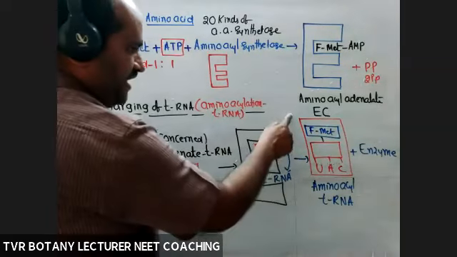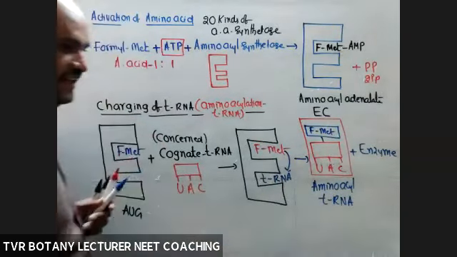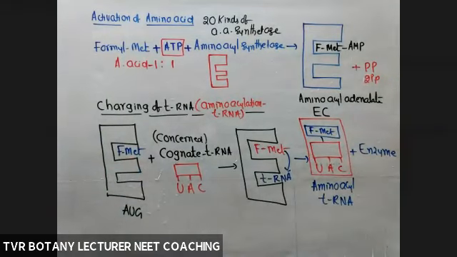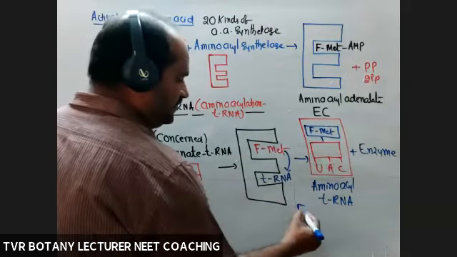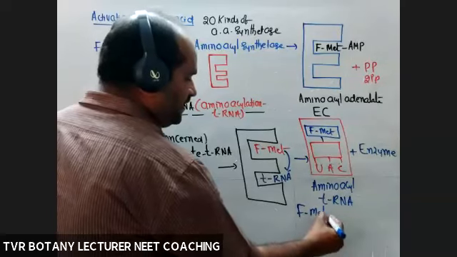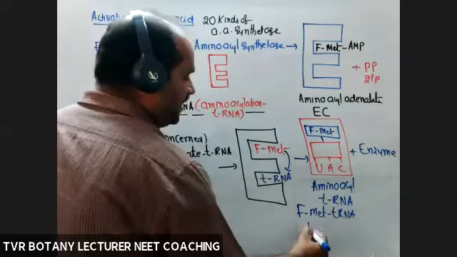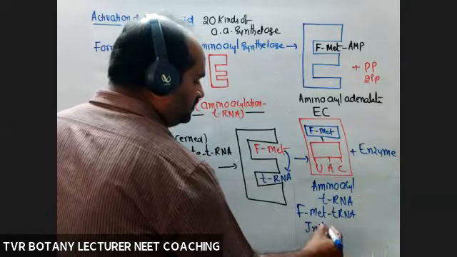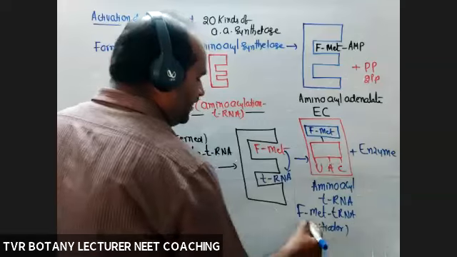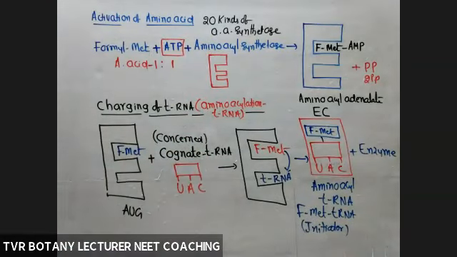So this one is an initiator amino acyl tRNA. Simply fMet, this is an initiator amino acyl tRNA that is able to initiate protein biosynthesis, or able to start the translation mechanism.